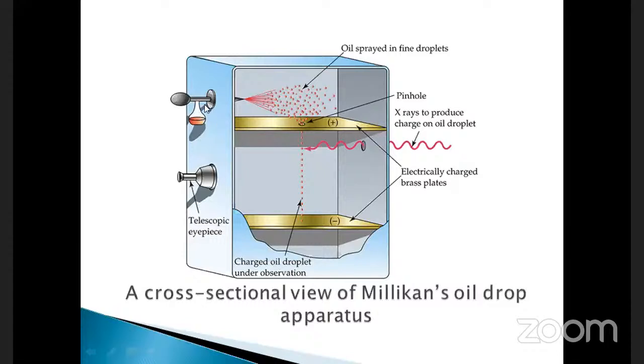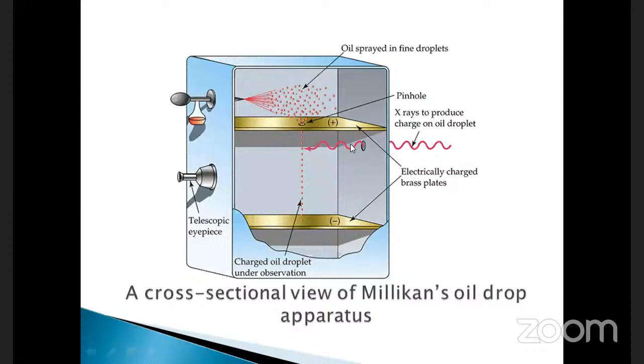So what happened was that the oil was atomized, was turned into fine droplets. It was allowed to pass through a very, very tiny hole into the lower chamber that consists of two horizontal plates. Those are the plates. We have a negative plate and a positive plate.